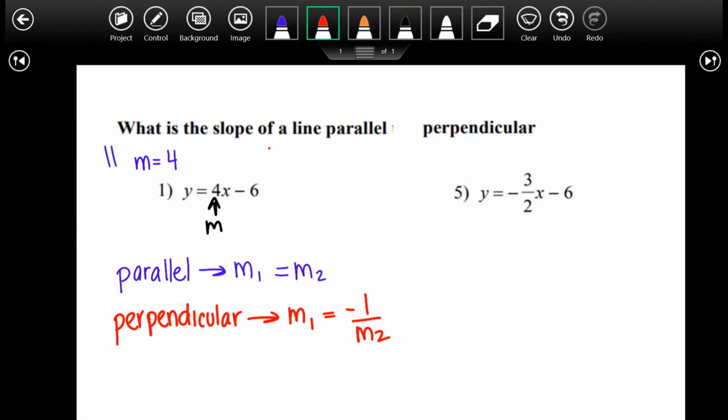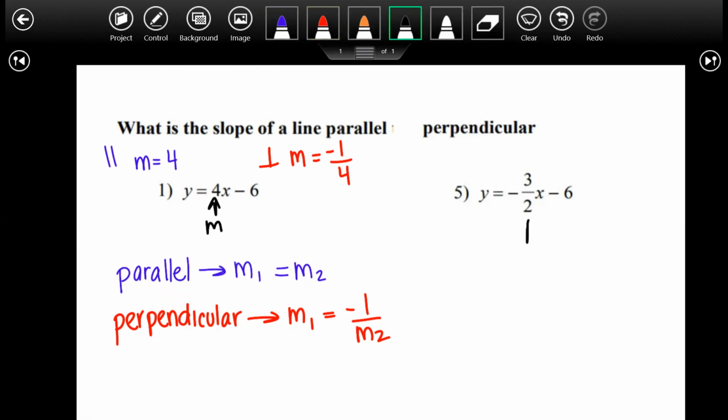The perpendicular version would be when m is the opposite, flipped. So negative 1 over 4 would be its perpendicular. Very easy problem because you don't need to do that much work.